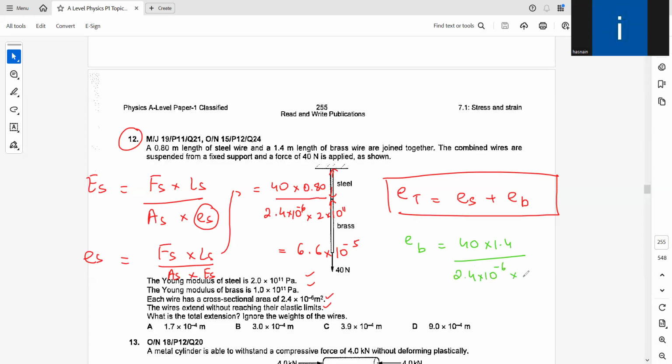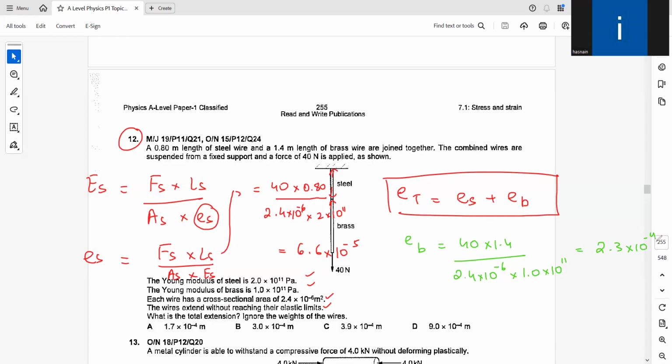So we have 40 times 1.4 divided by 2.4 exponent minus 6 times 1.0 exponent 11. This comes out to be 2.33 exponent minus 4.